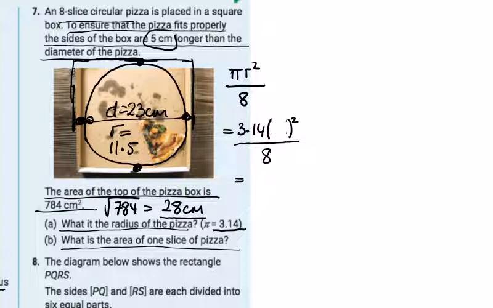Hang on. I've taken the width of the box just to annoy it. Let's put the radius in here, obviously. Pi r squared. And 3.14 by 11.5 squared divided by 8 is 51.941. And it didn't say anything about rounding off. We'll leave it at 3 decimals, and that would be in centimeters squared.